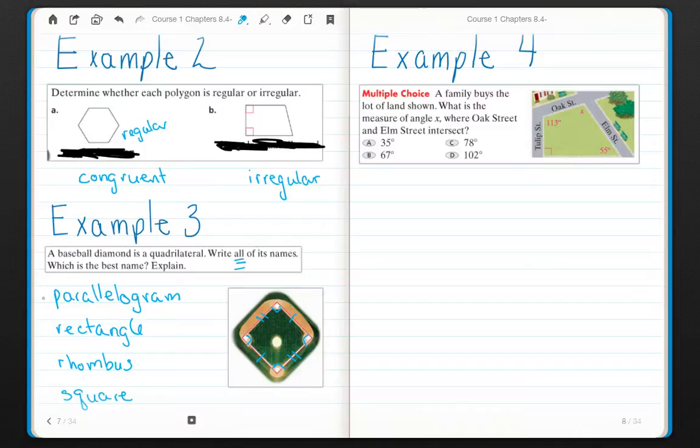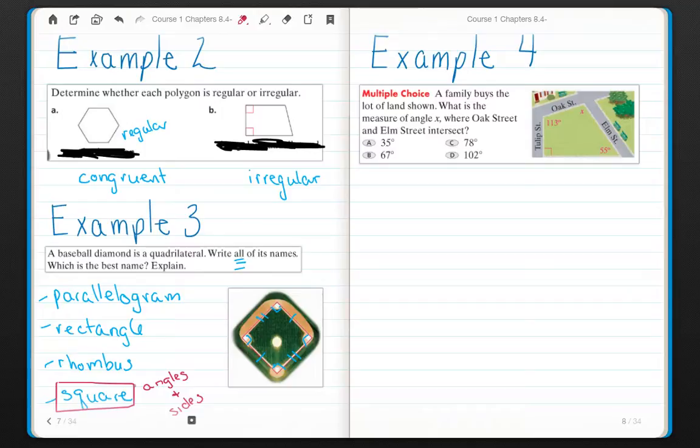So it is a parallelogram, it is also a rectangle, it is a rhombus, and it is a square, but the best one to describe it is going to be the square. Okay, and the reason is because the square covers both the angles and the sides. A rhombus only talks about the angles, and a square is a special rectangle, so a square is the best fit.